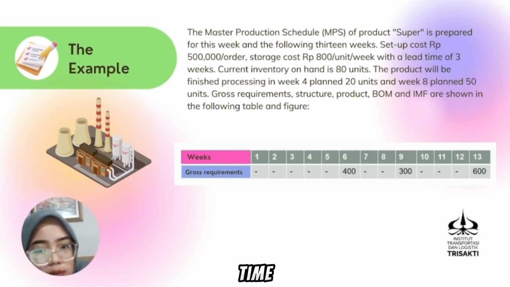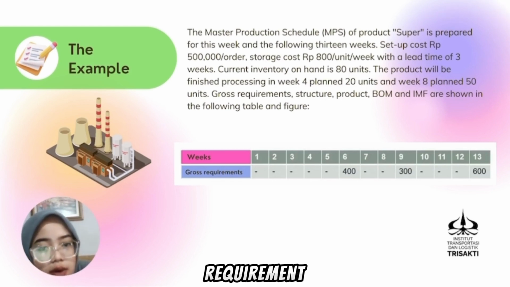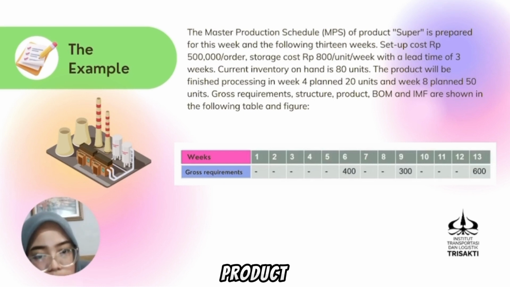With a lead time of 3 weeks, current inventory on hand is 80 units. The product will finish processing in week 4, planned 20 units, and in week 8, planned 50 units. Gross requirement, product structure, BOM, and IMF are shown in the following table and figure.